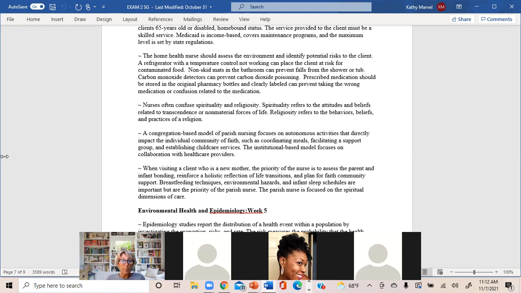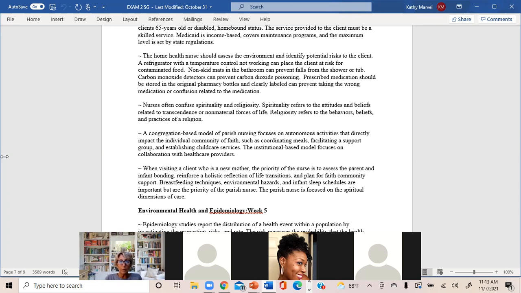Right? Here's a couple of examples. A refrigerator with a temperature control not working. Obviously, that's a risk, right? For contaminated food. Non-skid mats in the bathroom can prevent falling from a shower or tub, right? Carbon monoxide detectors can prevent carbon dioxide poisoning, right? And then prescribed medications should be stored in the original pharmacy bottles.